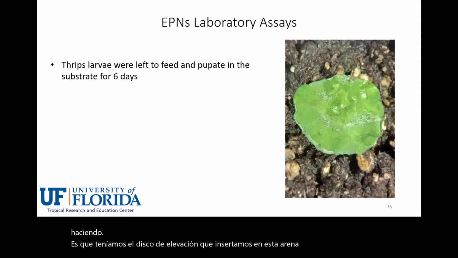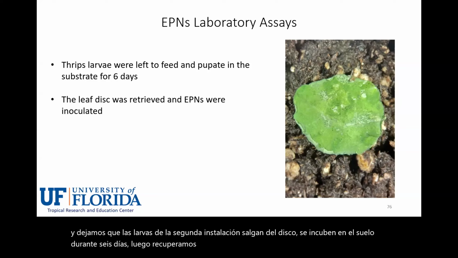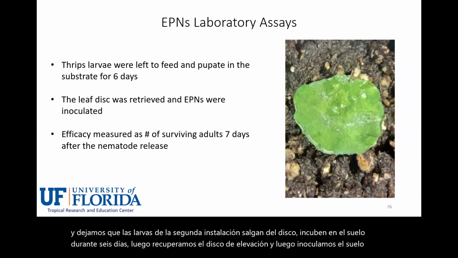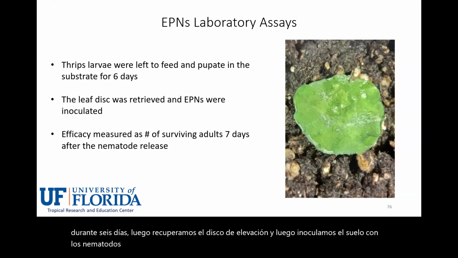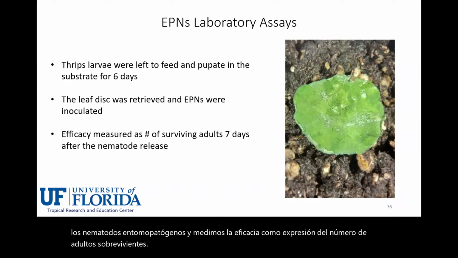We let the second instar larvae leave the disc and pupate in the soil for 6 days. Then we retrieved the leaf disc, and after that we inoculated the soil with the entomopathogenic nematodes. We measured the efficacy as the number of surviving adult thrips that emerge from the soil.